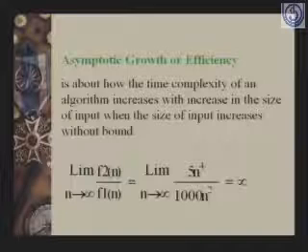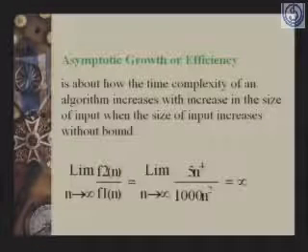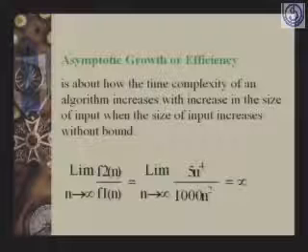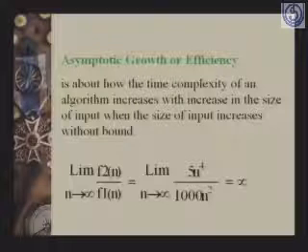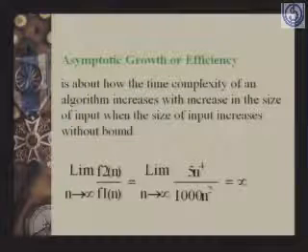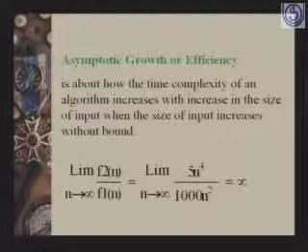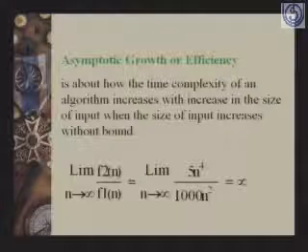This means the ratio of f2(n) to f1(n) is going towards infinity as n does. This means that the second algorithm will increase at a much faster rate as compared to the first algorithm. That is, the number of steps taken by the second algorithm will be much more as n becomes larger as compared to the first algorithm.